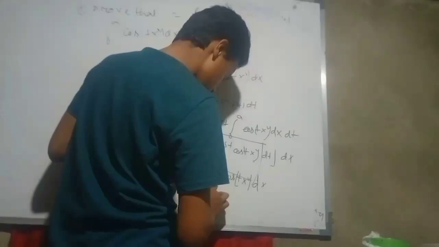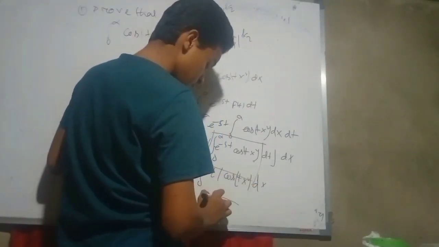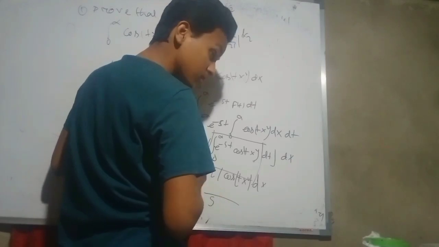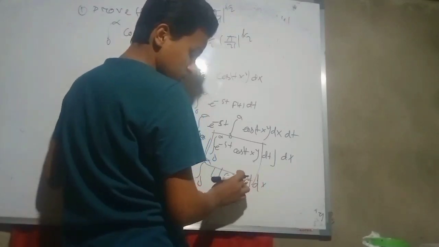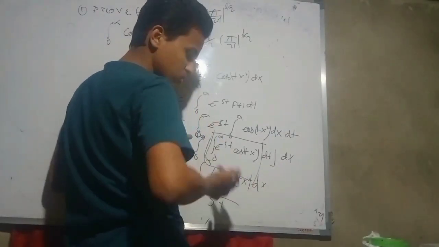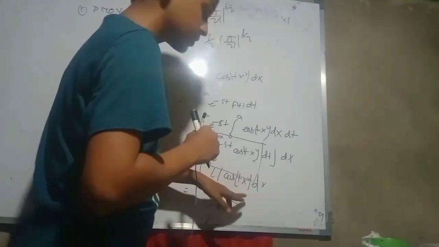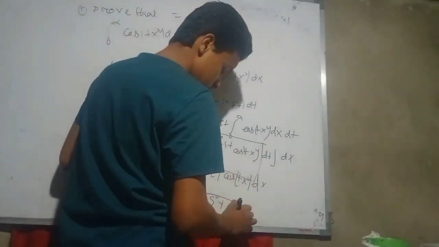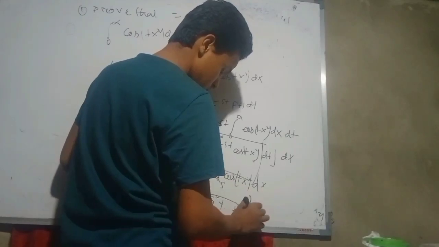So the Laplace transform of this is nothing but s over s square plus x to the power 4, since t acts as the coefficient of x square, integrated from 0 to infinity dx.